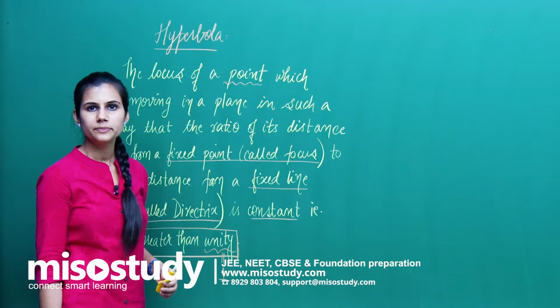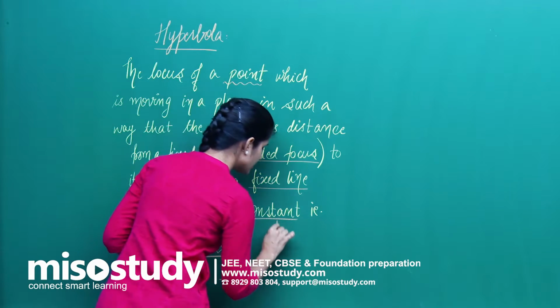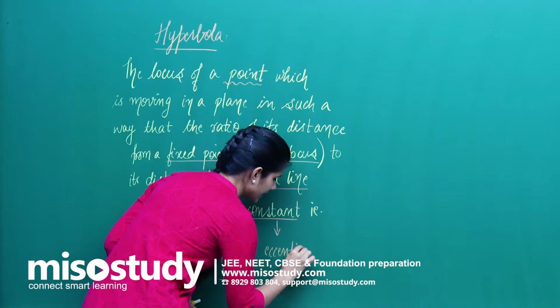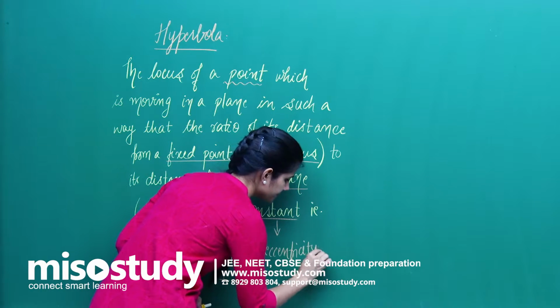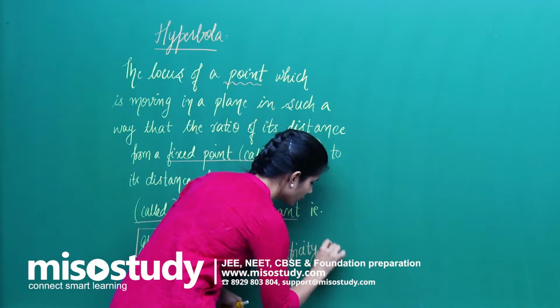Unity is nothing but 1. What is this constant called? Eccentricity, right? Denoted by small e.